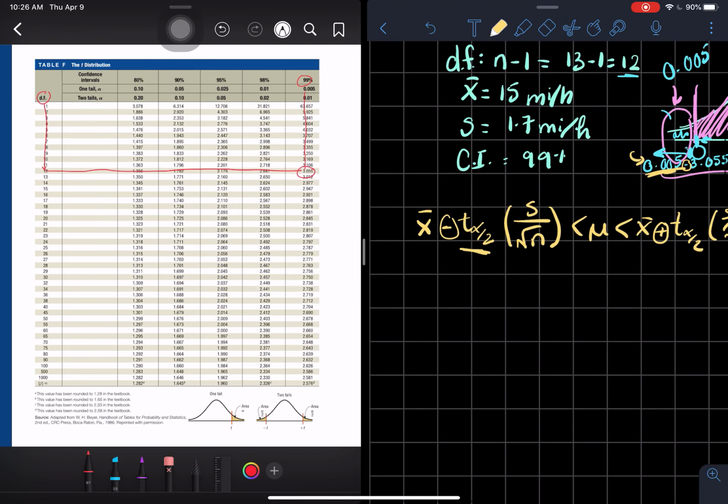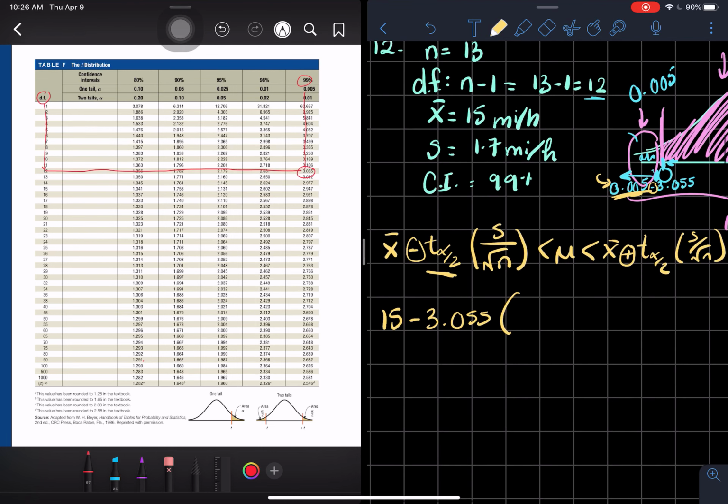Okay, so my x bar here, I know is 15, I think, at least. Yeah, it's going to be 15 minus my t alpha over 2, which is 3.055, times my standard deviation of 1.7, divided by the square root of n, which is the square root of 13.